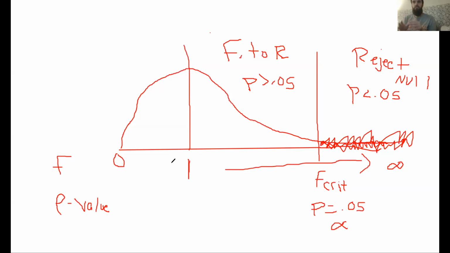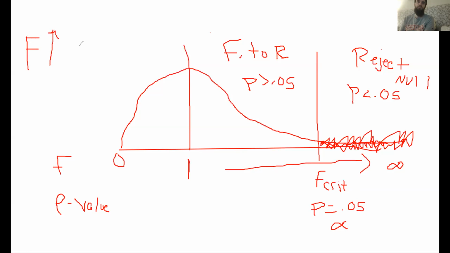That even though the distribution of those F scores is a little bit different, the same principles that we've already learned still apply. If we observe a statistic that's greater than our critical value, we reject the null, because as our critical values go up, our p-values go down.